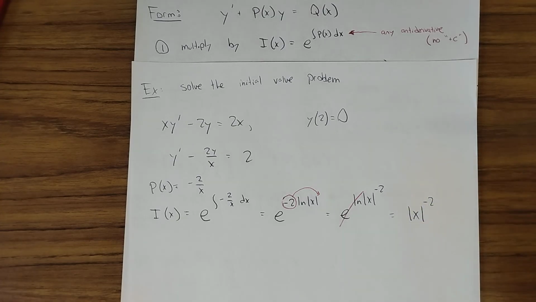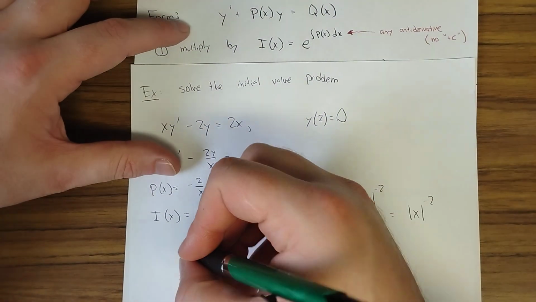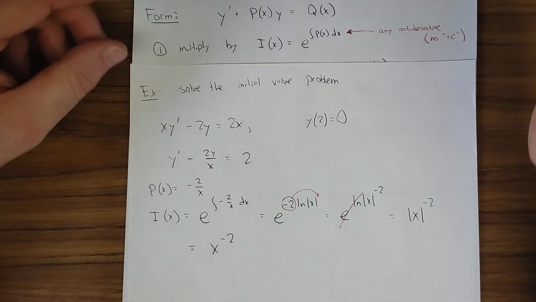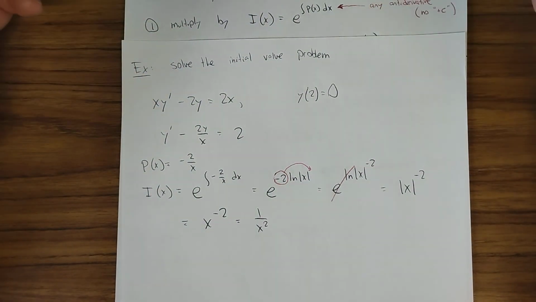So an even power gives a positive answer whether you're doing a negative or a positive. So this is the same as x to the minus 2 or 1 over x squared. It's all the same thing. Yeah, so this absolute value was really not necessary.